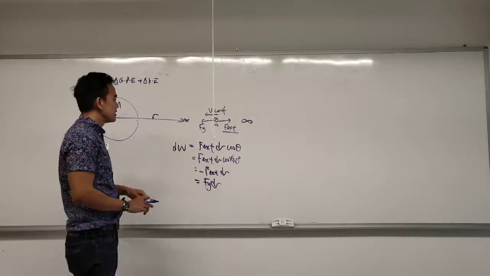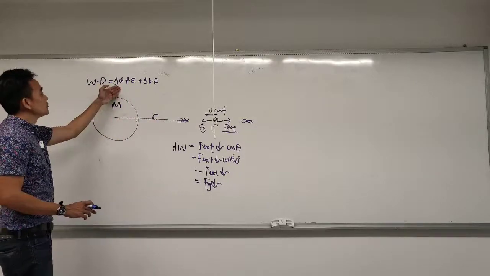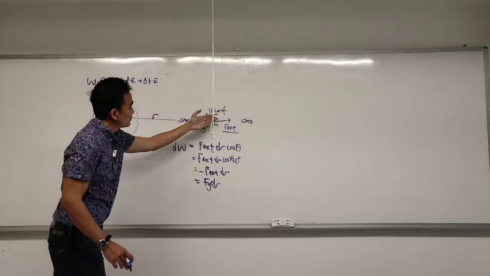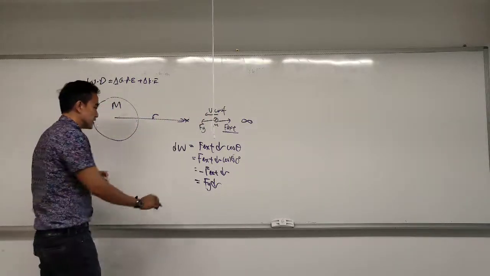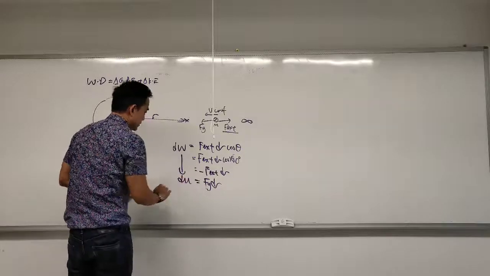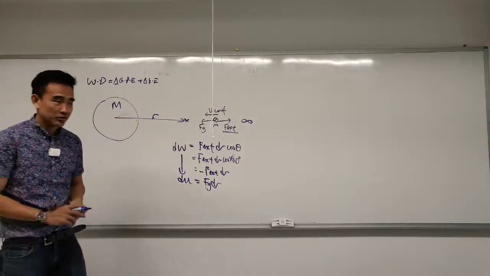Now, do you agree that work done must result in a change in GPE and KE? Since v is constant, there is no change in KE, and therefore there's only a small change in GPE. So this becomes a change in gravitational potential energy.